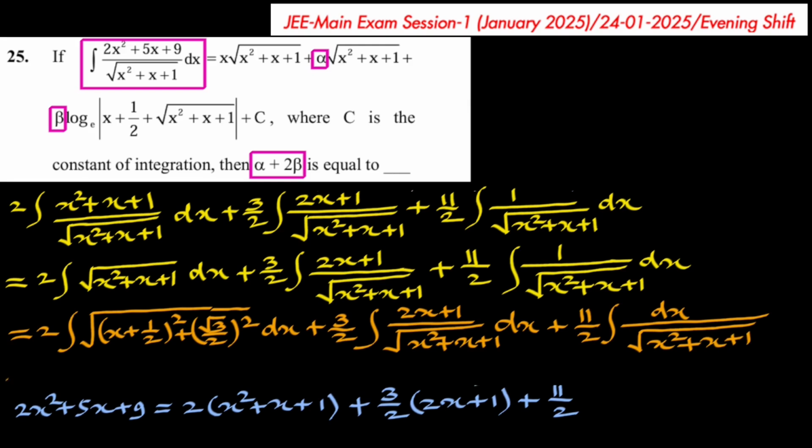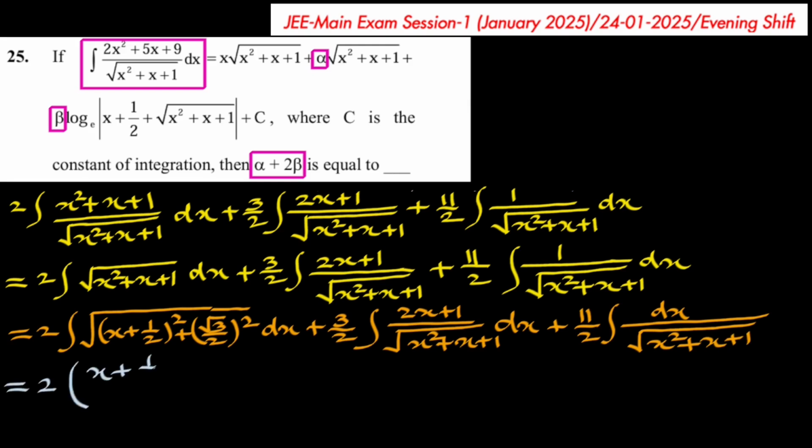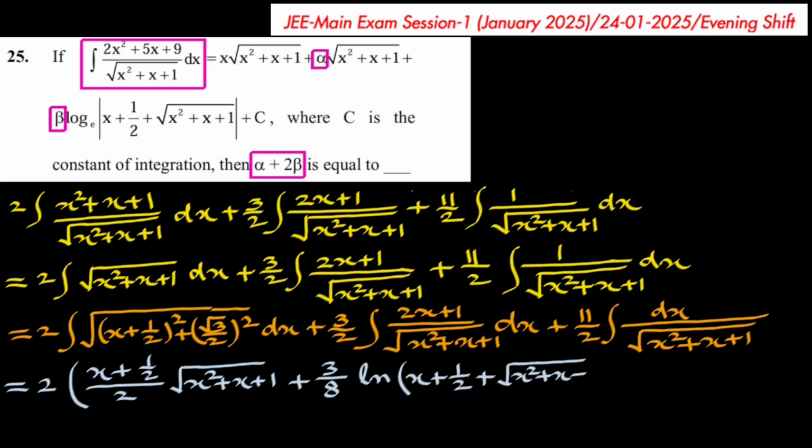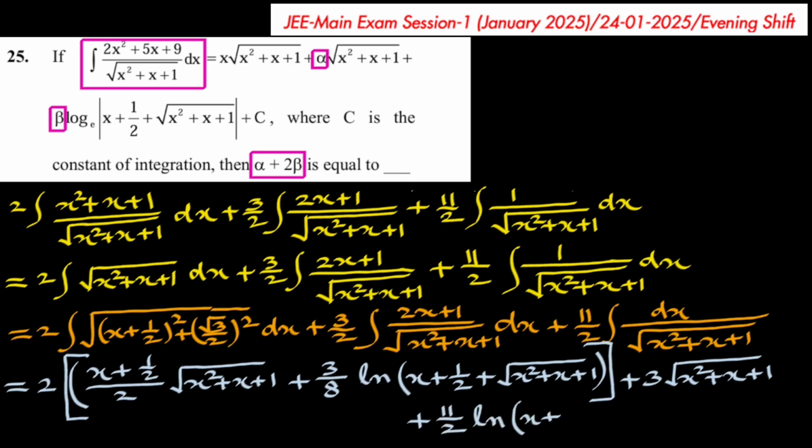Let's swipe this. Equals 2 times x plus half upon 2 square root x square plus x plus 1 plus 3 upon 8 ln of x plus half plus square root x square plus x plus 1, plus 3 square root of x square plus x plus 1, plus 11 upon 2 ln of x plus half plus square root x square plus x plus 1, plus c.